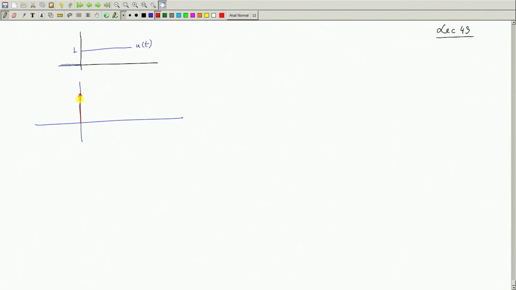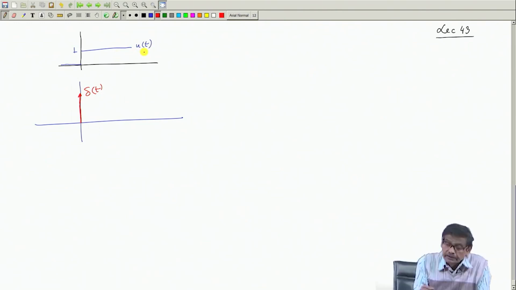This is delta t. 2 delta t, if somebody wants to sketch 2 into delta t, just this height of course towards infinity, but 2 times the strength of the impulse is said to be 2. Similarly, 2 u t, the strength of the unit step is 2, you understand that. And these axes are of course the time axis.